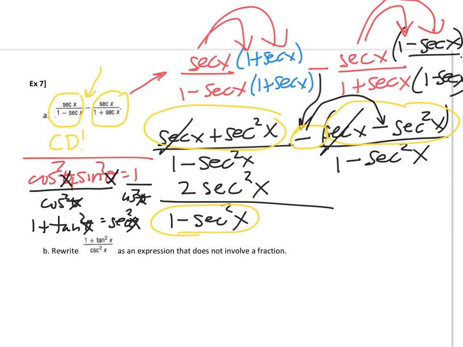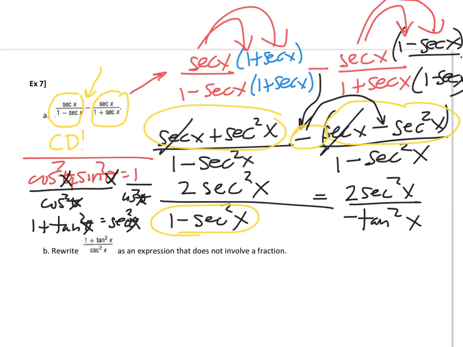So using this identity and subtracting secant squared of x from each side and subtracting tangent squared of x from each side, this is going to equal 2 secant squared of x over negative tangent squared of x. So let me just show that here.